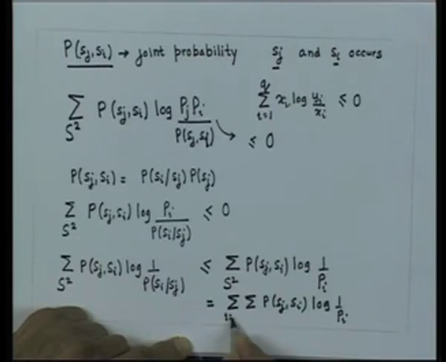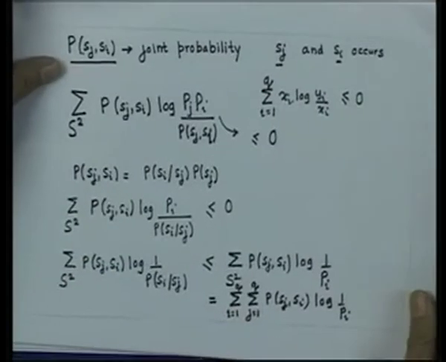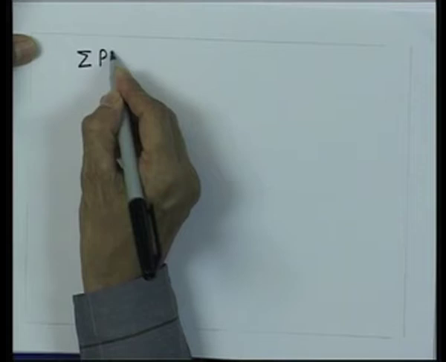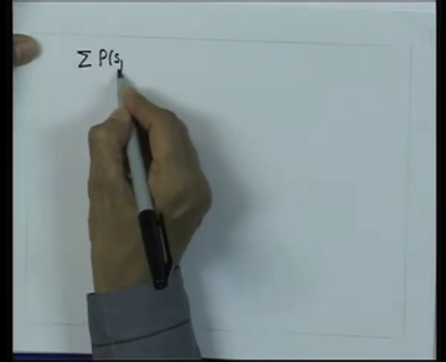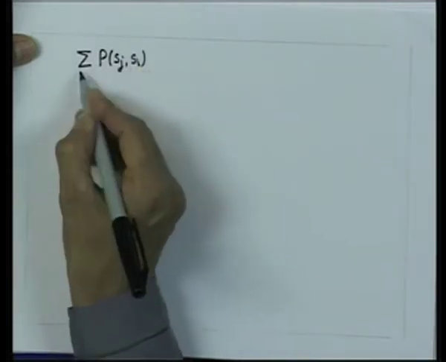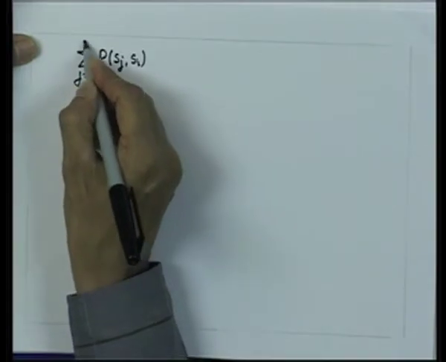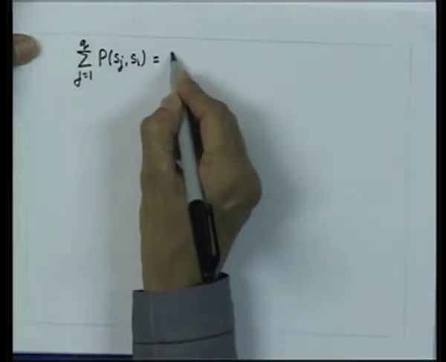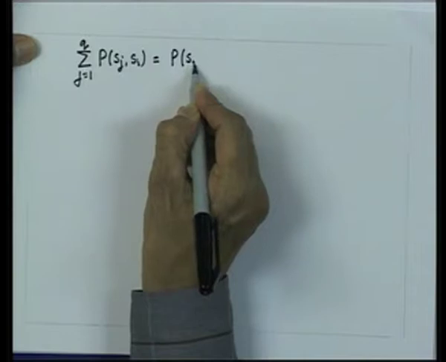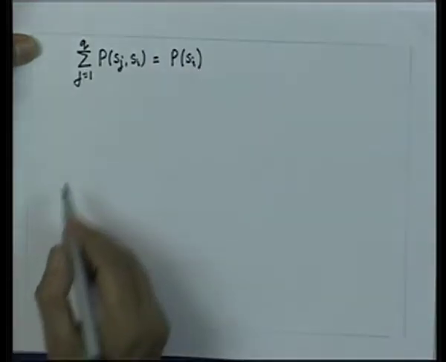The summation is over i equal to 1 to q, j equal to 1 to q, and this summation over j equal to 1 to q of probability of S j S i is nothing but probability of S i.